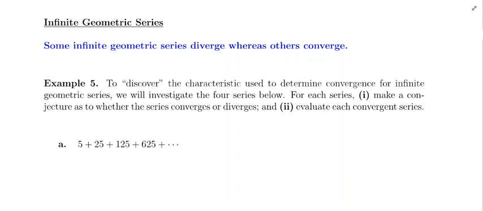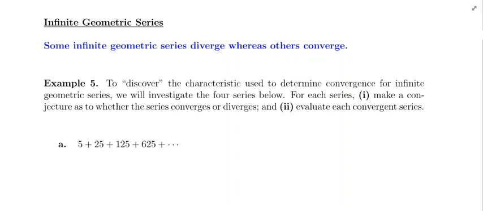So in example 5, what we're going to do is discover the characteristic used to determine convergence for infinite geometric series. We are going to investigate 4 different geometric series, okay? For each series, we're going to make a conjecture as to whether the series converges or diverges.